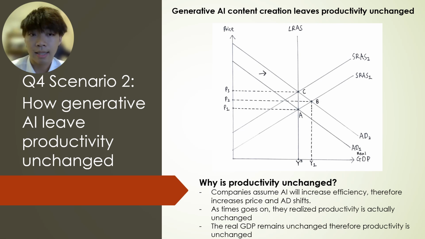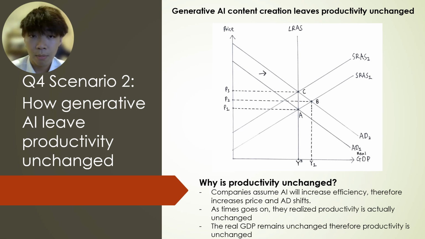When Gen AI, for example an AI creation tool, is implemented into companies, they expect a productivity boost. So prices rise, thinking that AI will help them create more content and improve efficiency. This shifts the AD curve to the right as the demand for the company's product increases. This increased demand moves the economy from point A to point B.